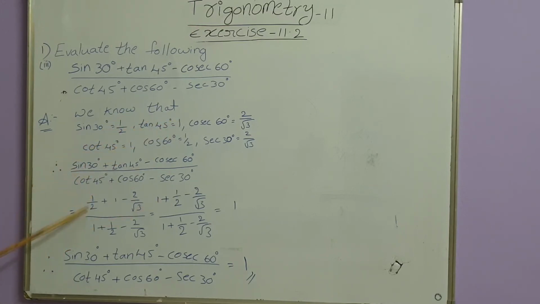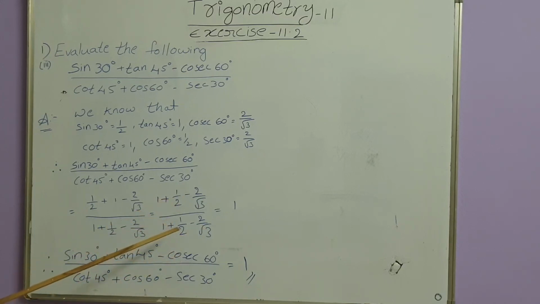Substitute these values in this. 1 by 2 plus 1 minus 2 by root 3 by 1 plus 1 by 2 minus 2 by root 3 is equal to this. Write it like this: 1 plus 1 by 2 minus 2 by root 3 by 1 plus 1 by 2 minus 2 by root 3.